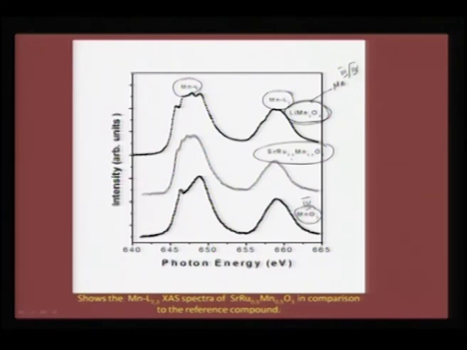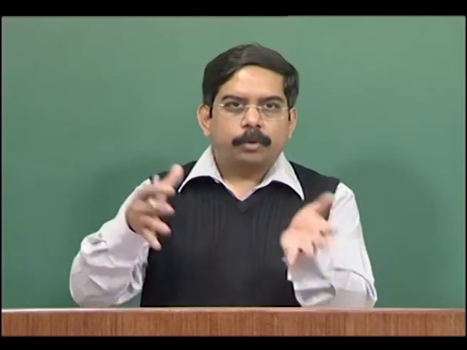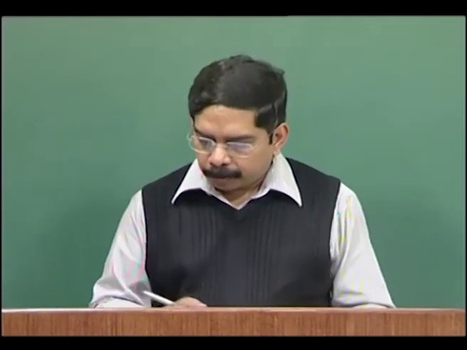So what we can say at this stage is, when manganese is doped into ruthenium or ruthenates, manganese is undergoing a mixed valence state similar to what we saw in ruthenium substituted manganites.